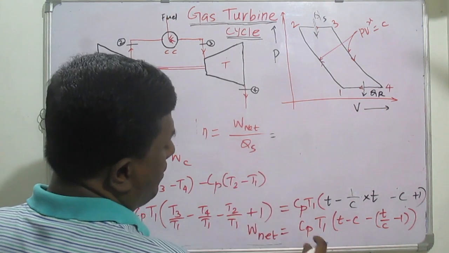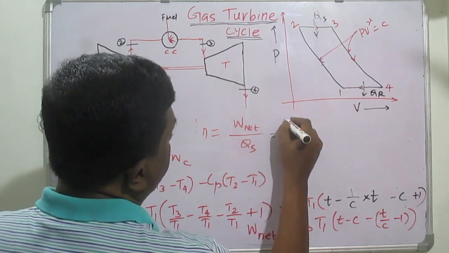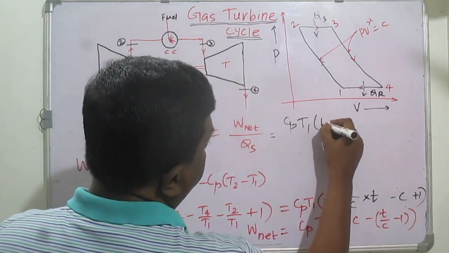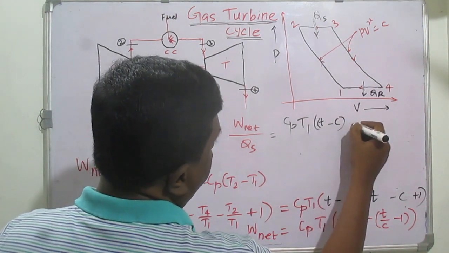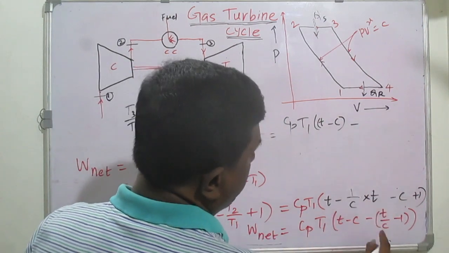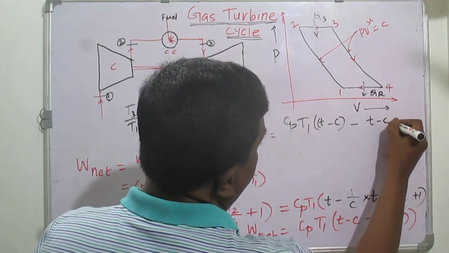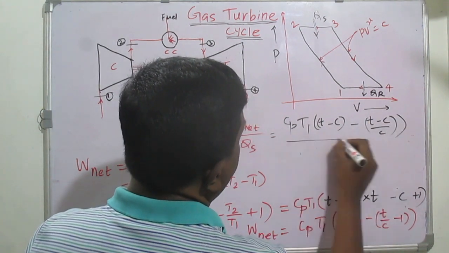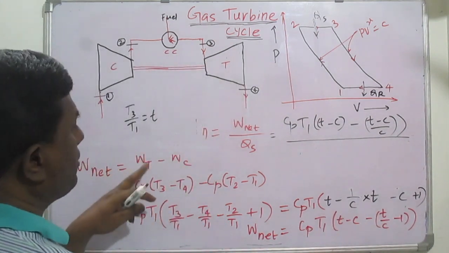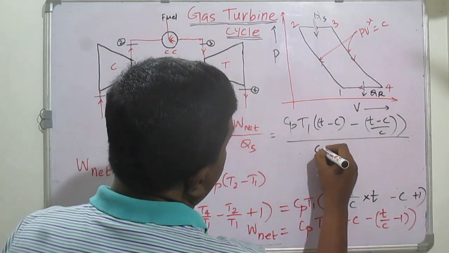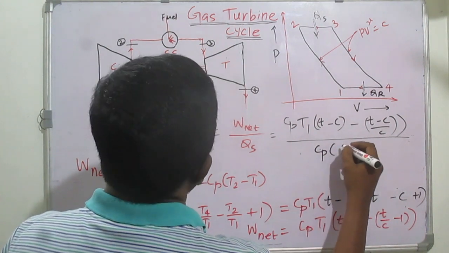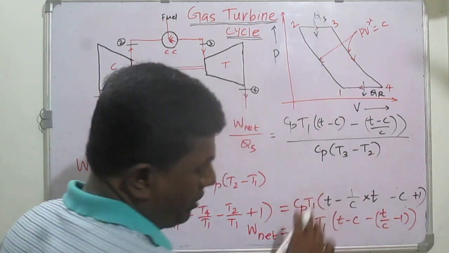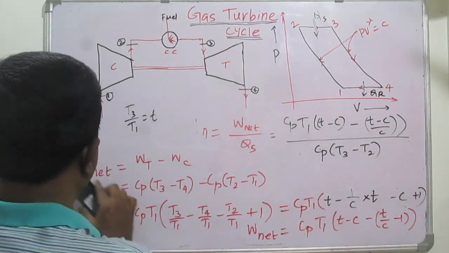W net we have seen is Cp into T1 into T minus C minus T minus C by C, whole divided by Q heat supplied, which is Cp into T3 minus T2. Now we are going to simplify this.